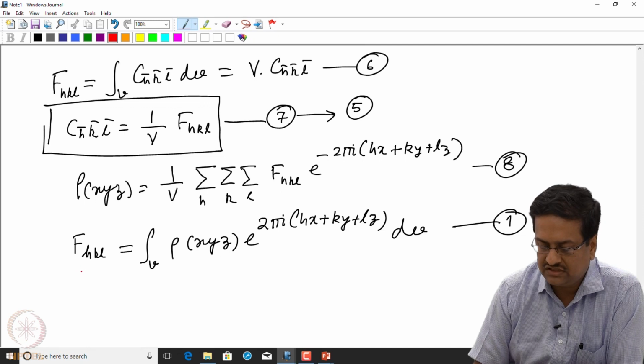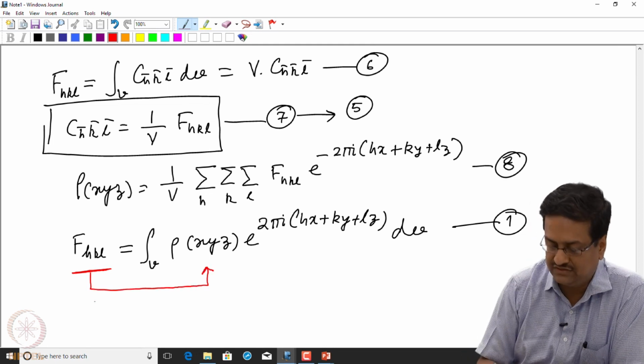In case of equation number 1, we are expressing structure factor as a Fourier transformation of rho(xyz).